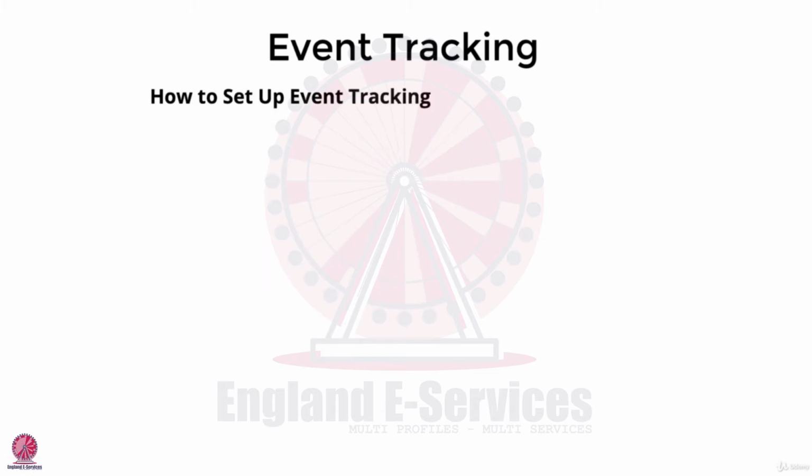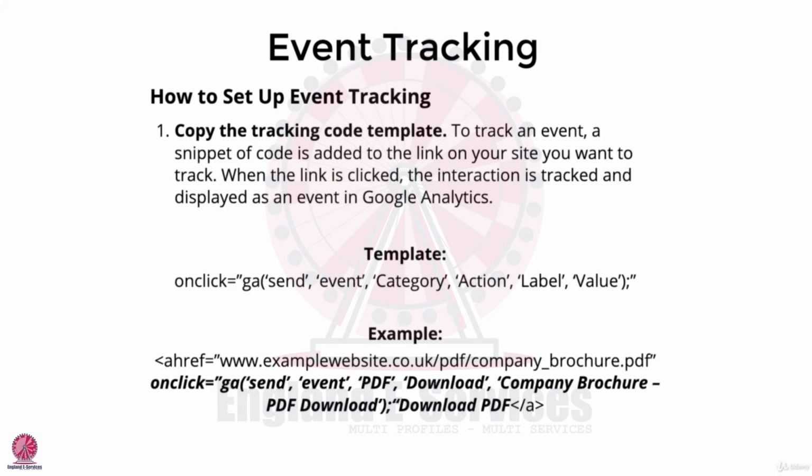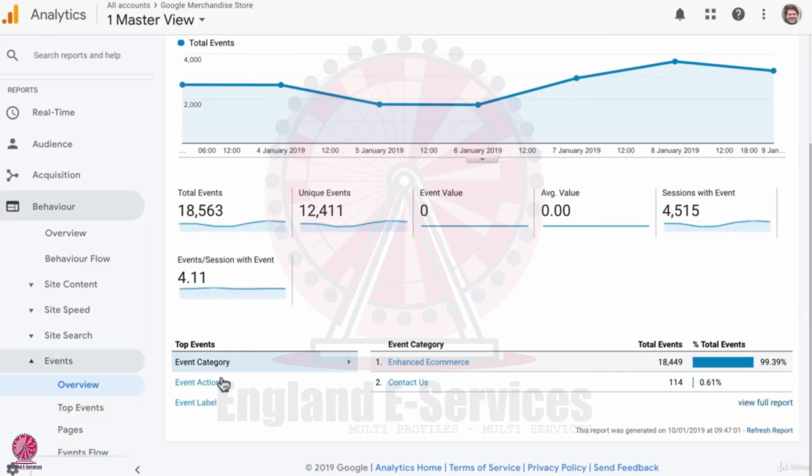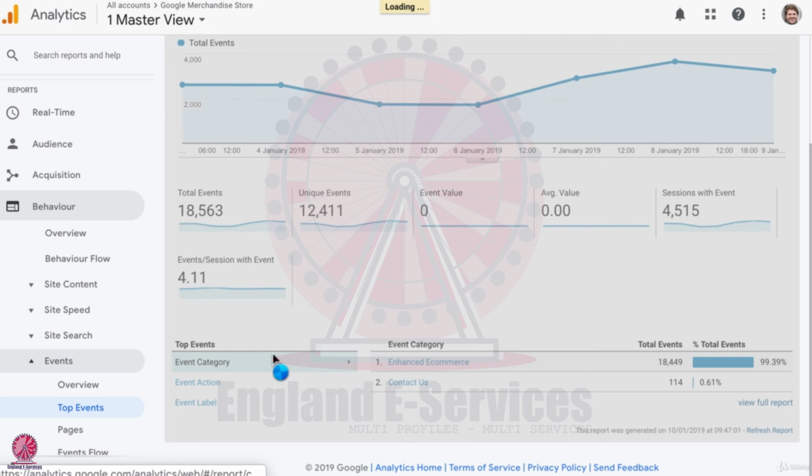Now that you understand the benefits of event tracking and use cases, how do you set it up? The first step is to copy the tracking code template. To track an event, a snippet of code is added to the link on the site that you want to track. When the link is clicked, this interaction is tracked and displayed as events in Google Analytics, like we have seen here.